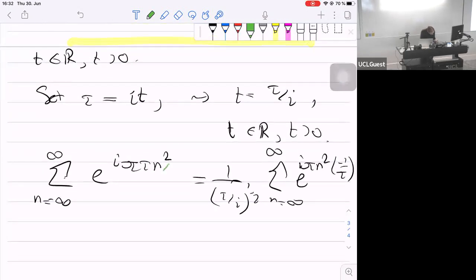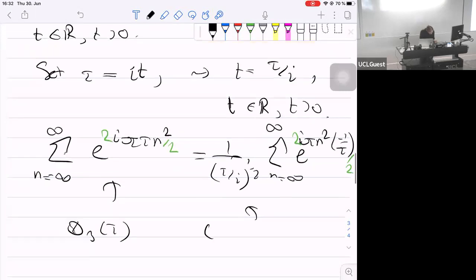And then just by tweaking this a little bit, we can get it in exactly the form that the θ3 function appears. So then this side should just be θ3 of tau, and this side should be tau over i to the minus a half, θ3 of minus 1 over tau.